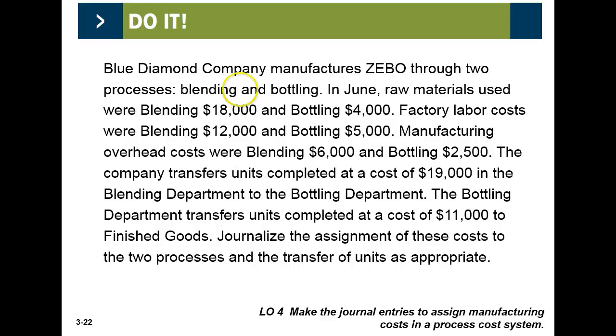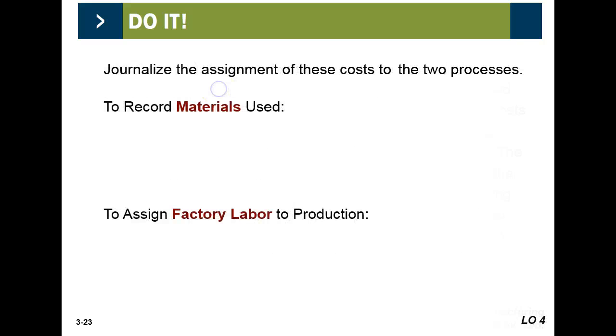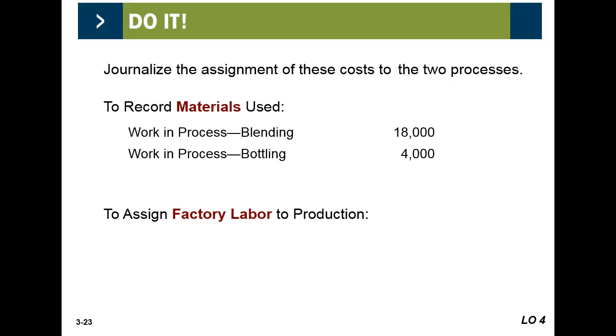Thank you. So let's do this. How do we determine all this? To create the journal entries to assign those costs to those processes, recording the materials used, we're going to take those materials that went direct into blending to work in process blending, and then those materials that were used just for bottling get put into bottling, and we're crediting raw materials.